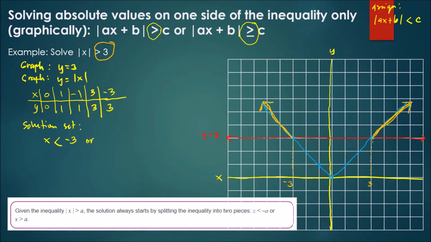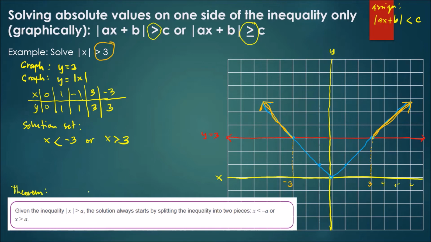And how are we going to represent this part of the graph when we know that this point is 3? So all the x's here, right, that is 4, 5, and 6 are greater than 3. So that is x is greater than 3. Okay, so note that this is our theorem.